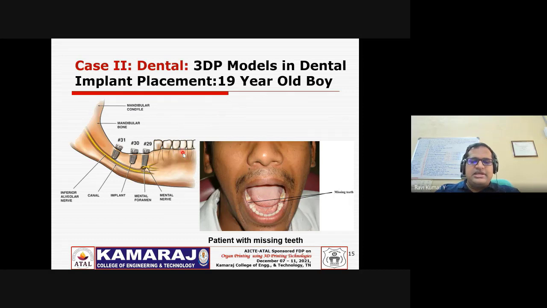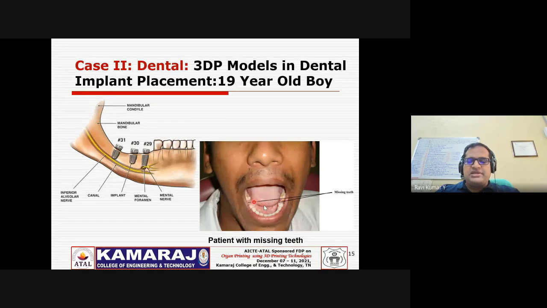The biggest challenge for a dentist: the patient is a 19-year-old boy who needs two implants at these smaller places where the teeth got missed.